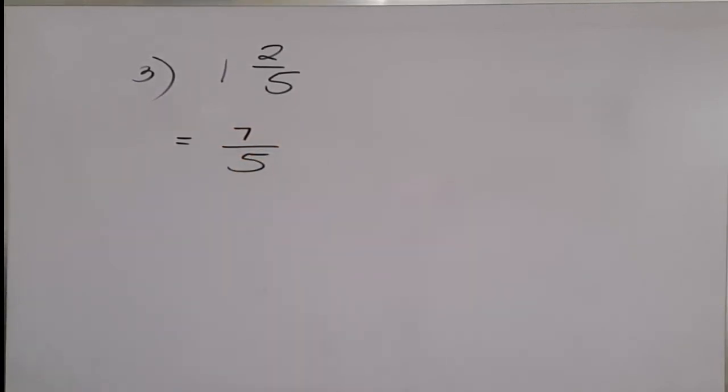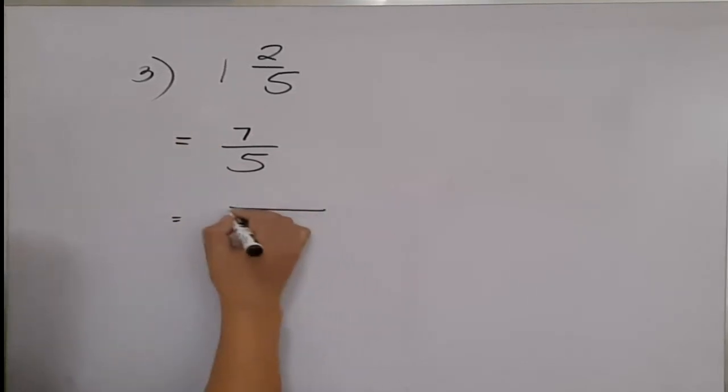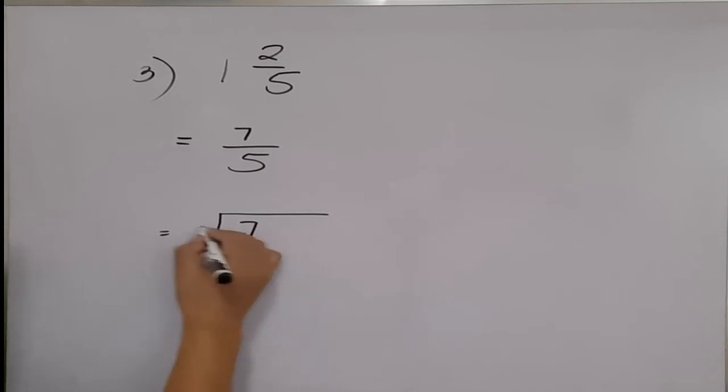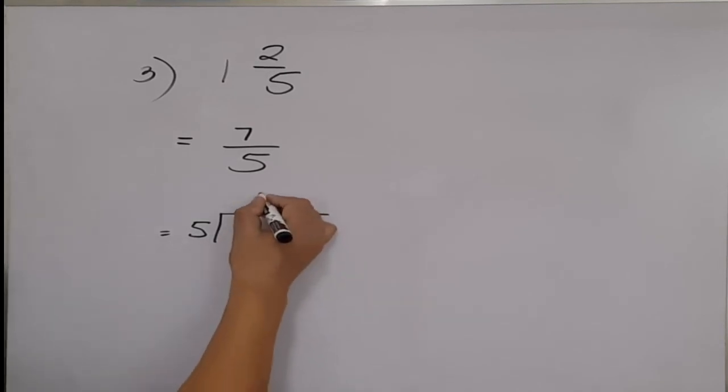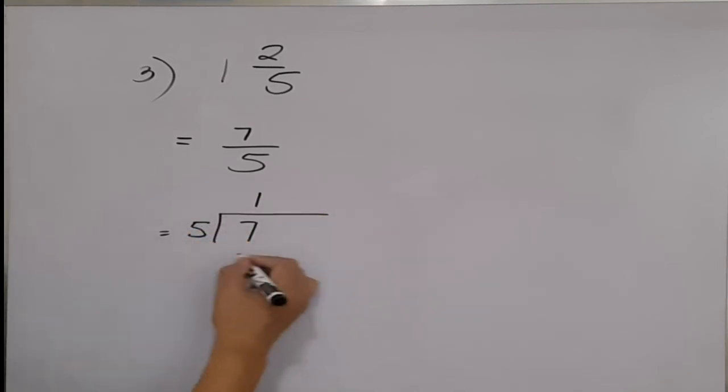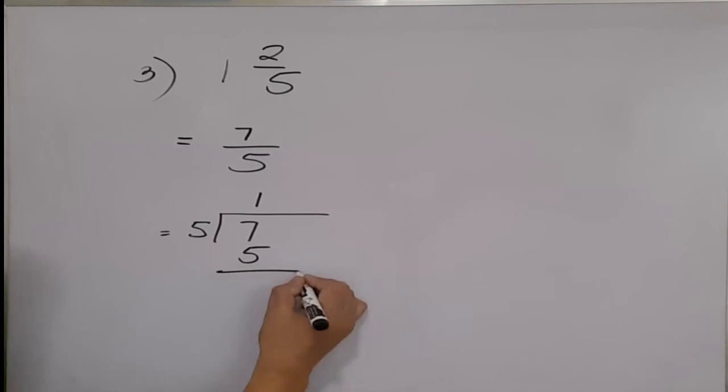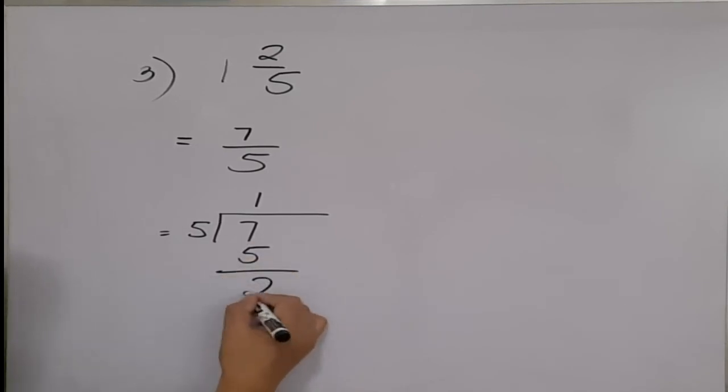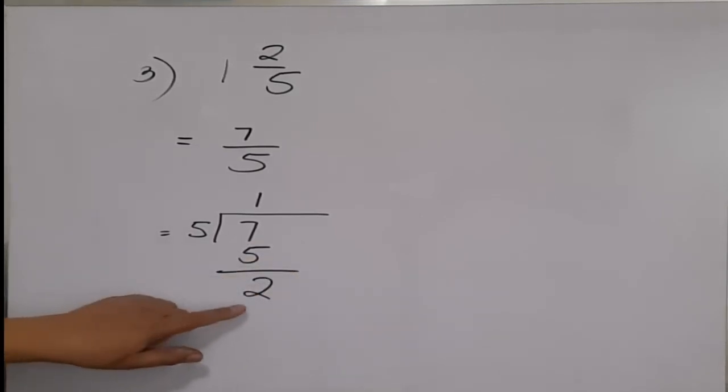And then we divide the numerator by the denominator. 7 divided by 5 is 1. 1 times 5 is 5. 7 minus 5 is 2. So we have a remainder.